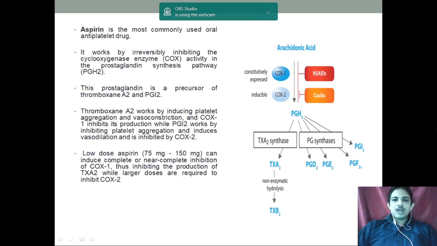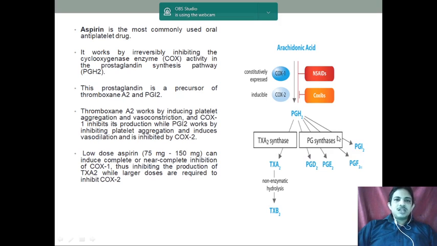They produce prostaglandin H2, which through thromboxane synthase or different prostaglandin synthase isomerases is converted into thromboxane A2, thromboxane B2, or prostaglandins G2, E2, F2 alpha and I2. So this is about prostaglandin synthesis.